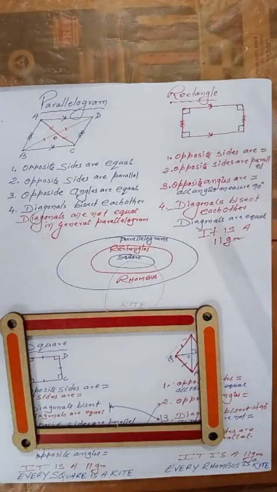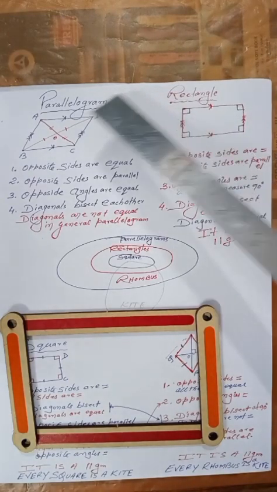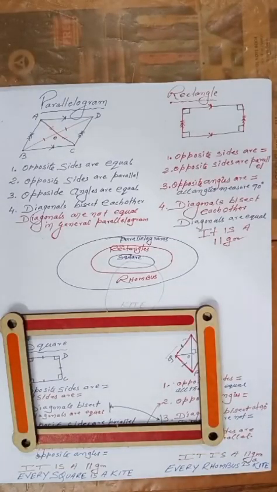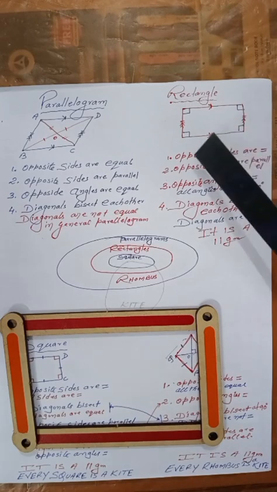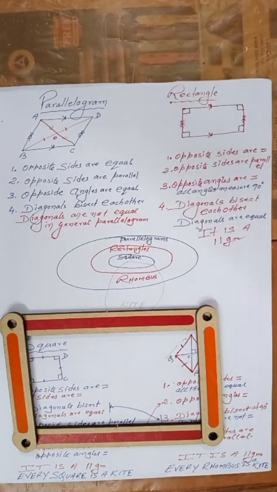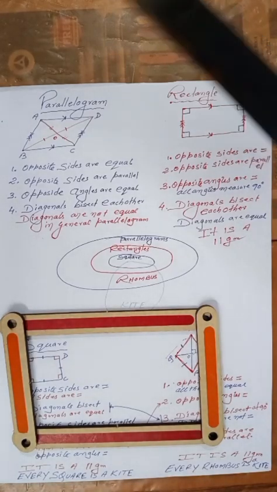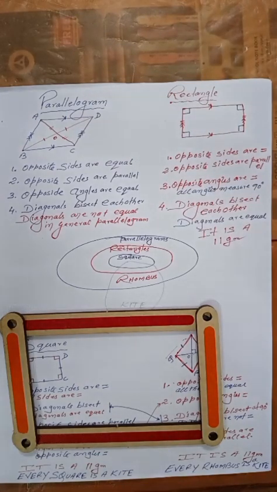Why? Because the main difference is that in a rectangle the angles are 90 degrees, while in a parallelogram all the angles are not 90. In rectangles the diagonals are equal, but in a regular parallelogram the diagonals are not equal. That is why all rectangles are parallelograms and all parallelograms are not rectangles.